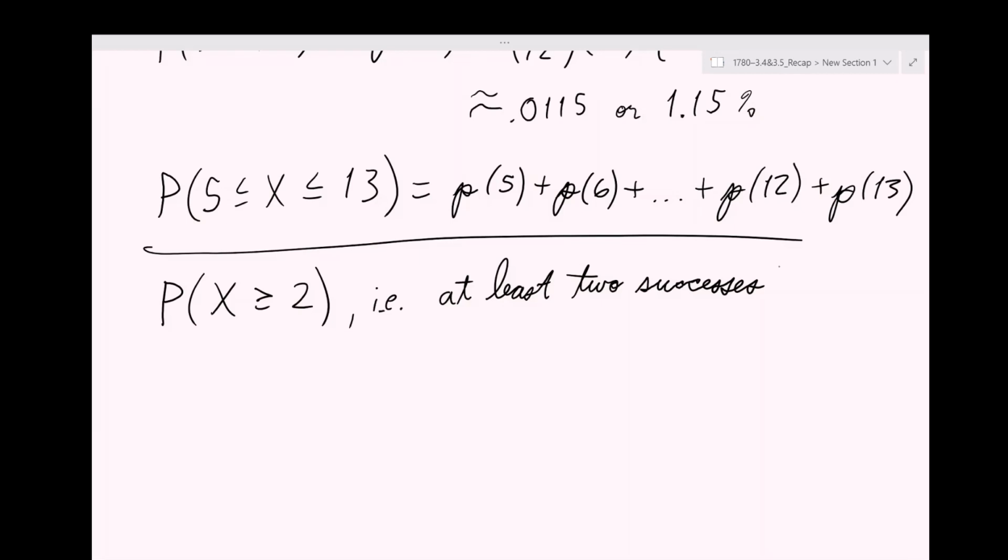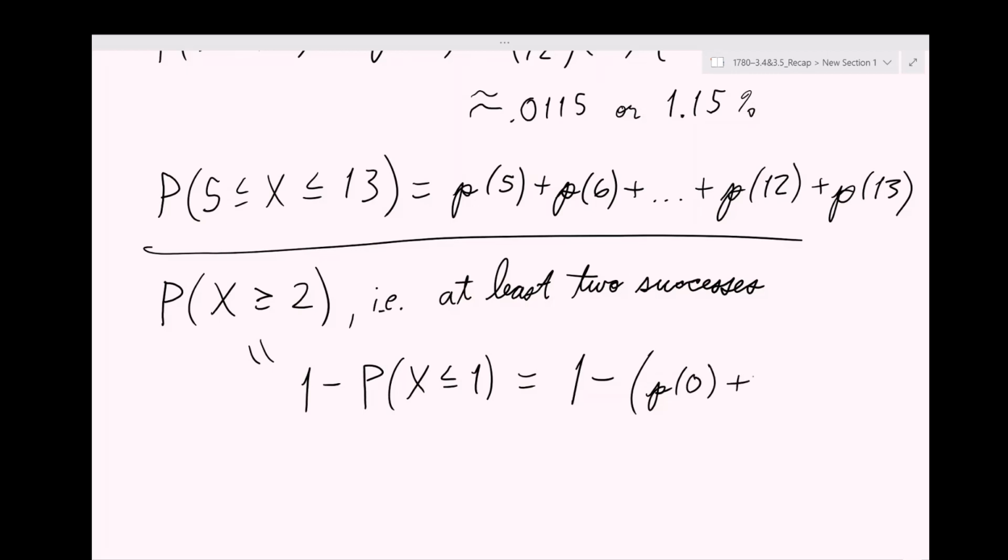Well, for us, an easy way to do that is that the probability of getting at least 2 is 1 minus the probability of getting less than or equal to 1. In other words, we have 1 minus, and then in parentheses, the probability that we get a value of 0 plus the probability of getting 1.